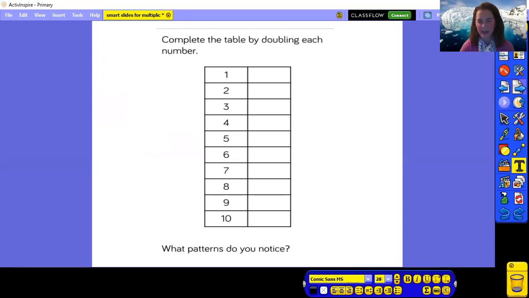Can you see any patterns in the numbers? Then as an extra challenge, why don't you see if you can get even further? Can you double numbers all the way up to maybe double 20? That would be a really good challenge, wouldn't it? So have a go at completing that table. And then if you want to, take yourself even further and get beyond double 10, see if you can get up to double 20. That'd be fantastic.